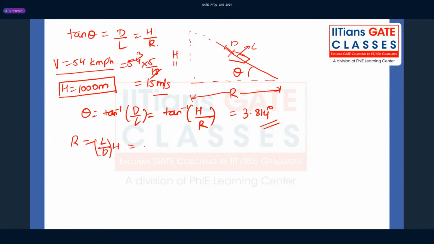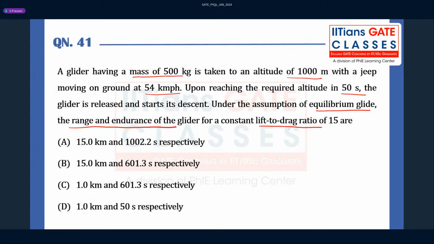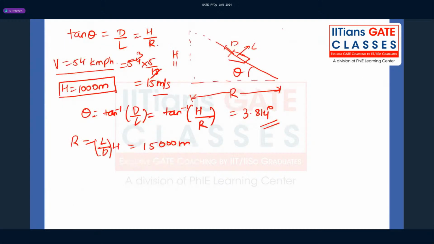This will be 15,000 meter if I'm correct. Yeah, because my lift to drag ratio is 15. So L by D is 15. I substituted 1 by 15 to get theta, and from this I can get R, which is 15,000 meter. So that is basically 15 kilometer.